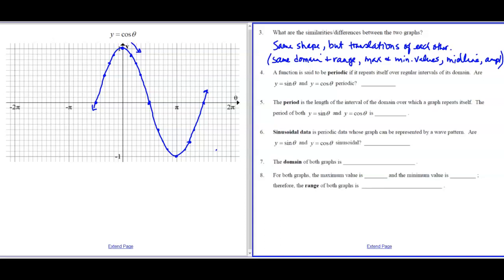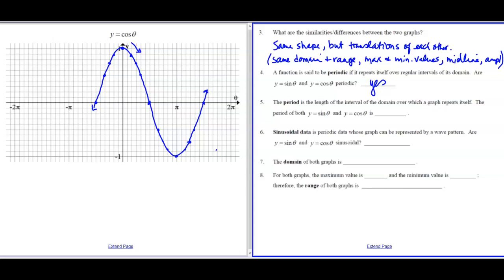Okay, so a function is said to be periodic if it repeats itself over regular intervals of its domain. So these are periodic. Got mountain and valley. So this says same domain and range, max and min values, midline and amplitude.